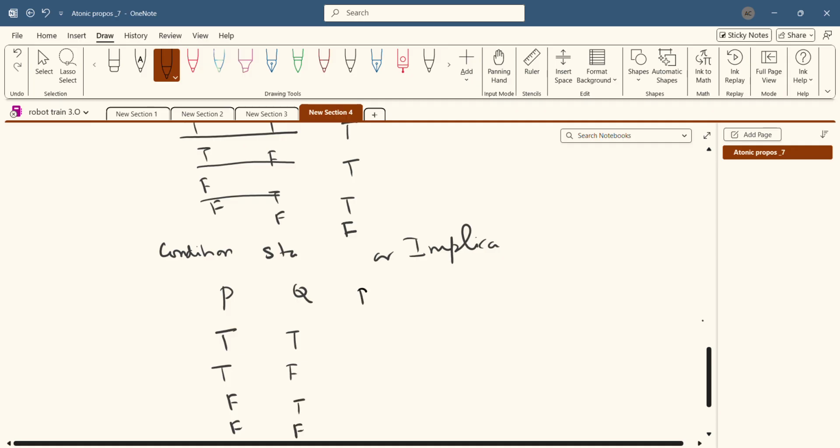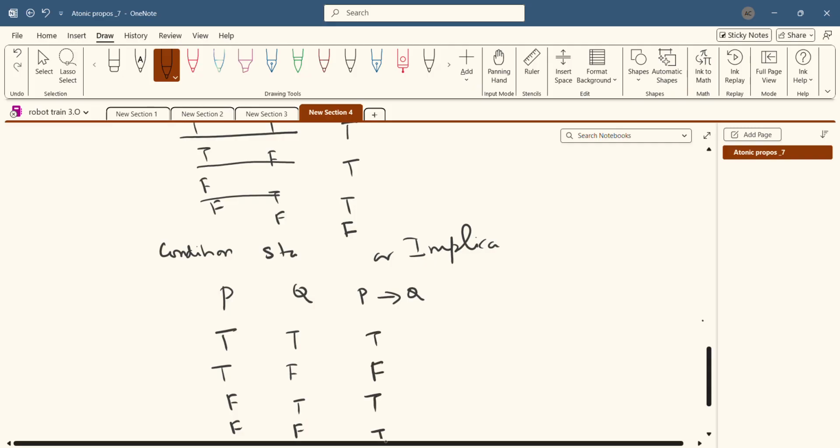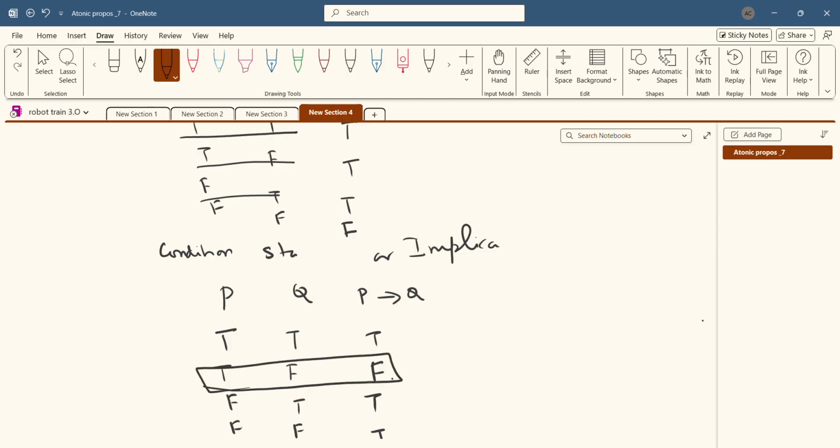So the conditional statement of these two propositions is P conditional Q. When P is true and Q is false, then the conditional statement is false. Otherwise, it is true. Okay.